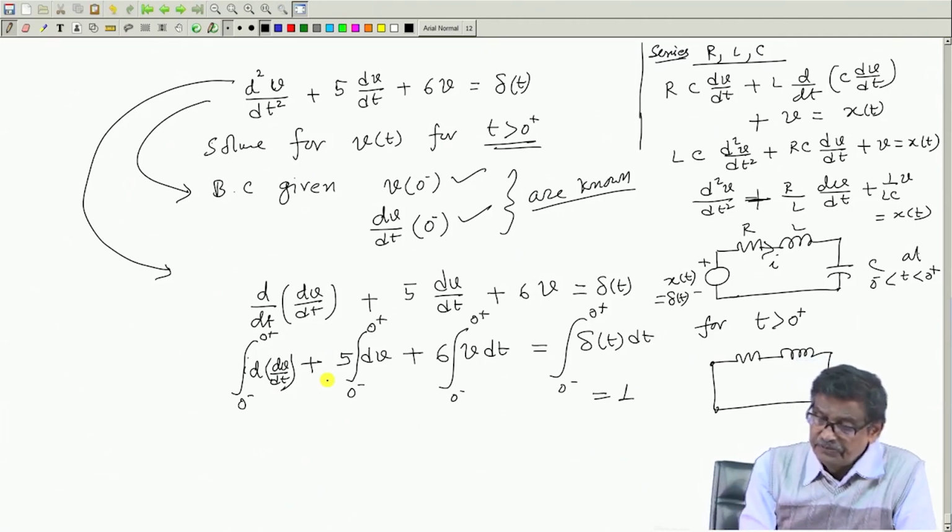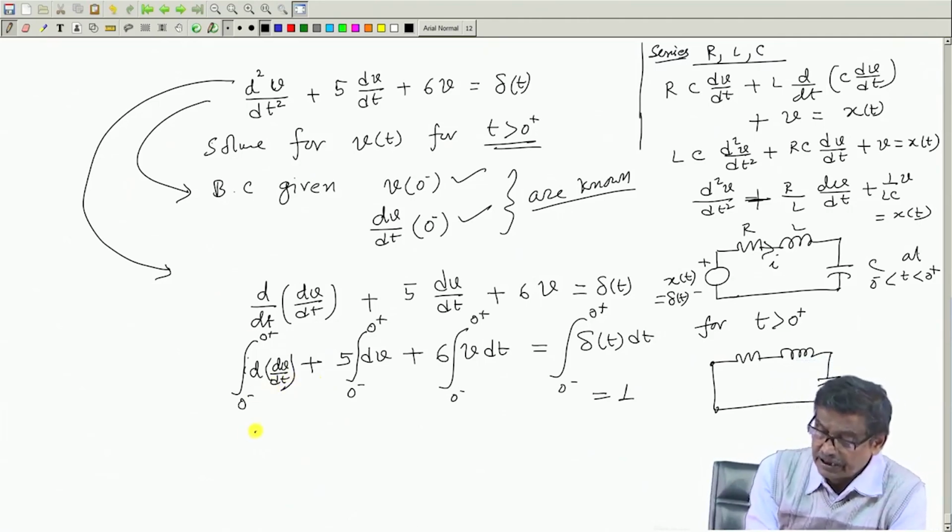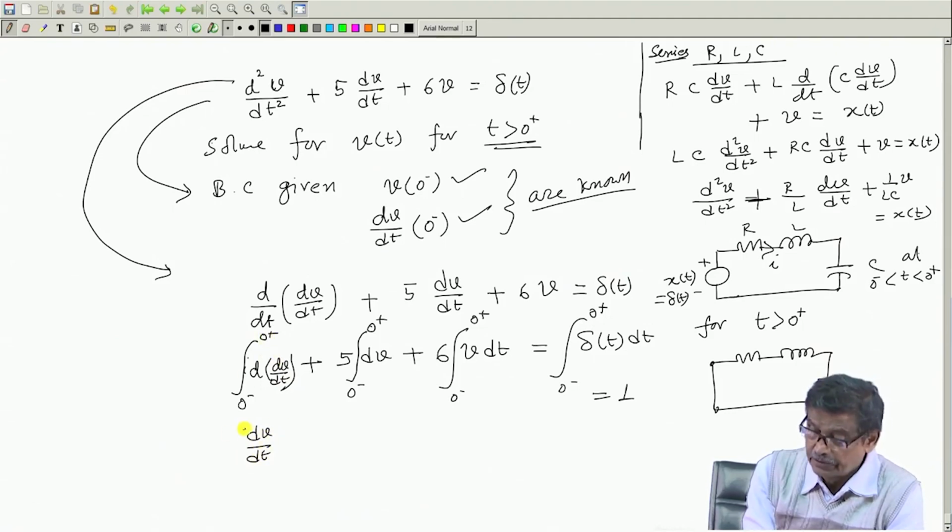Now, if you integrate this first term, it will become dv/dt only, and then with upper limit 0 plus, it will be the value of dv/dt at 0 plus minus dv/dt at 0 minus.